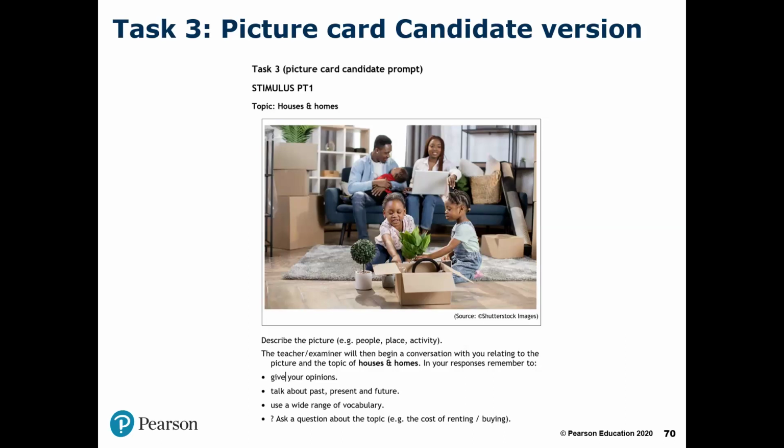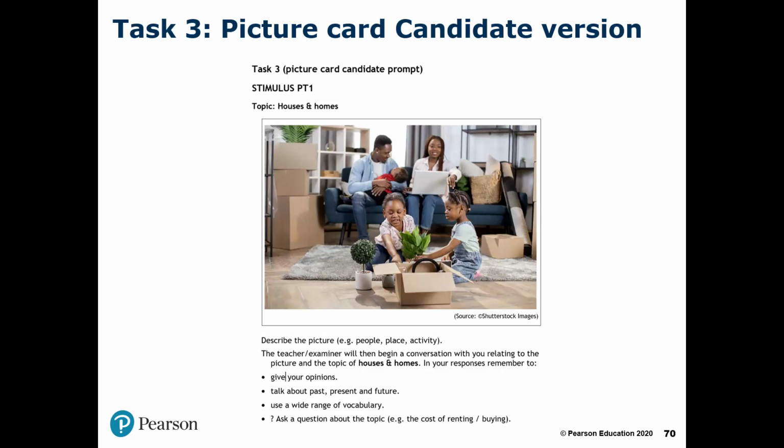The family are in their home. We can see that there's a sofa, there's a rug on the floor. There are lots of boxes around. So maybe they have just moved into this home, or they have been shopping. We can do that. And then we can talk about the activity.